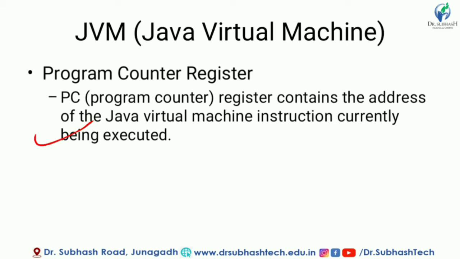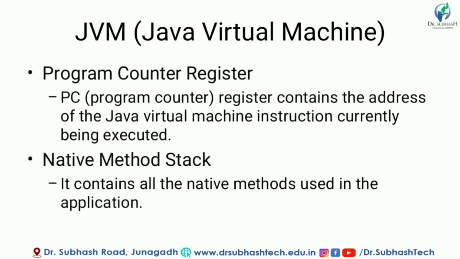The program counter register contains the address of the JVM instruction currently being executed. Whatever instruction is executed by the JVM will be stored in the program counter register so that we can track it in the instruction set.